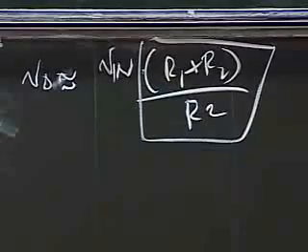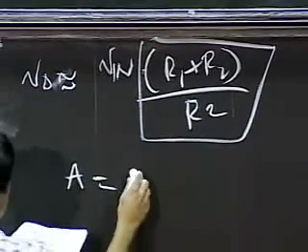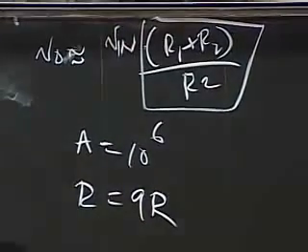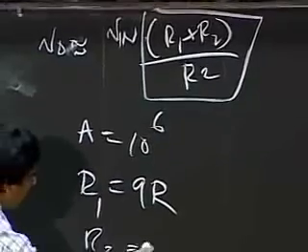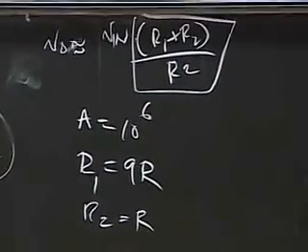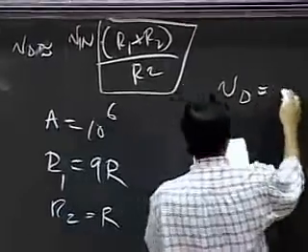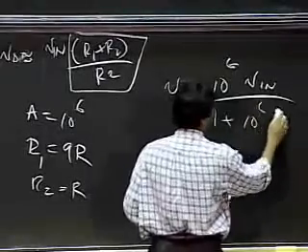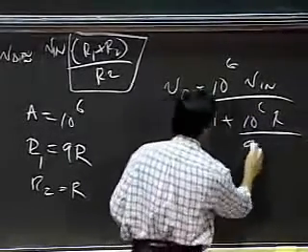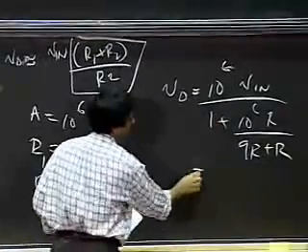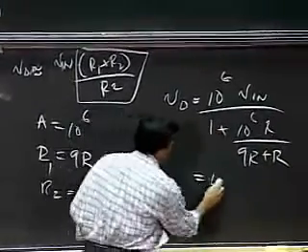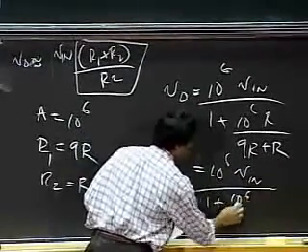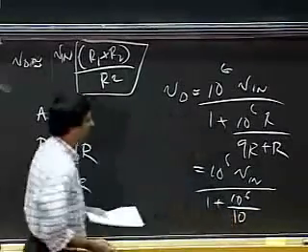So to give you a sense of some numbers here, suppose A was 10 to the 6, and I choose R1 to be 9R, and R2 to be R. Then V naught is 10 to the 6 V in divided by 1 plus 10 to the 6 times R divided by 9R plus R. So that's 10 to the 6 V in divided by 1 plus 10 to the 6 divided by 10.